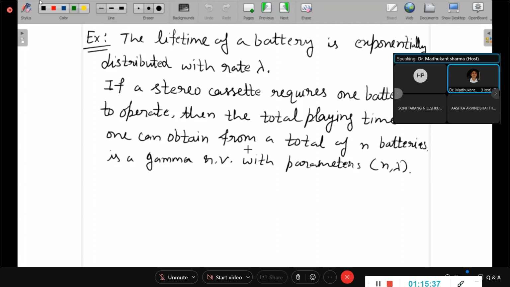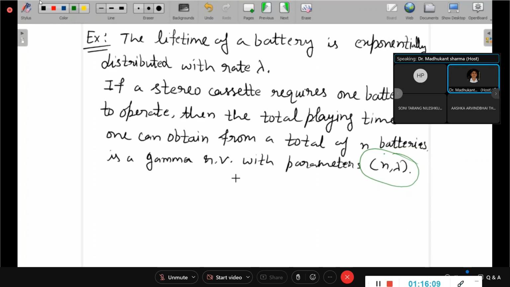Each battery follows an exponential distribution with rate lambda, so the total playing time will follow the gamma distribution with parameter n comma lambda. It's a very simple heuristic example of where the gamma distribution occurs.